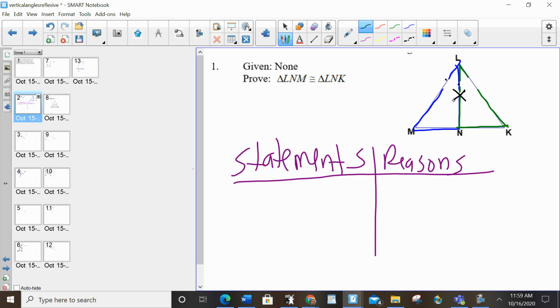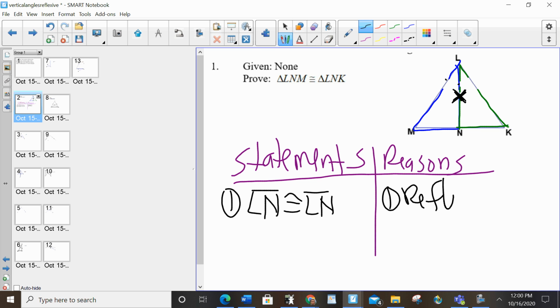So basically I'm saying, well, LN from the blue triangle is congruent to LN from the green triangle. It's a side of the blue triangle, it's a side of the green triangle. So here's how I would put that into the proof. LN is the side that's in both. So I would say that LN is congruent to LN, and the reason would be reflexive property.